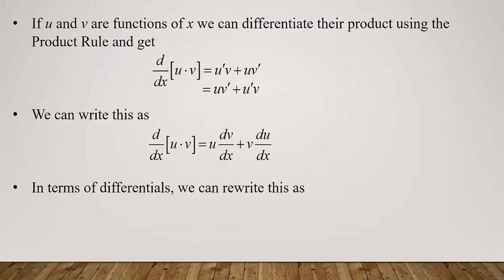Now if I go one more step and bring back a really old topic from Calculus 1, differentials, in terms of just differentials only, I can rewrite that as d of u times v equals u dv plus v du. So that's just writing it in terms of differentials.